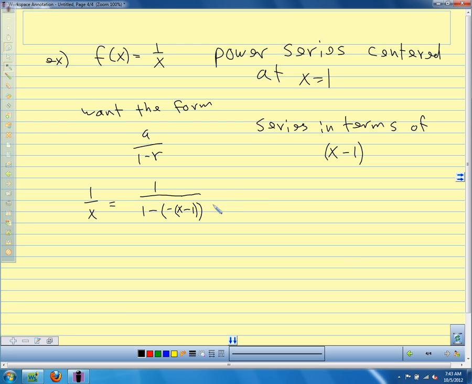Does this make sense, what we did here? I want to fit this function into this form. I'm centered at 1, so the terms of my power series are going to be powers of x minus 1. So I want my ratio to be in terms of x minus 1. Does that substitution make sense?